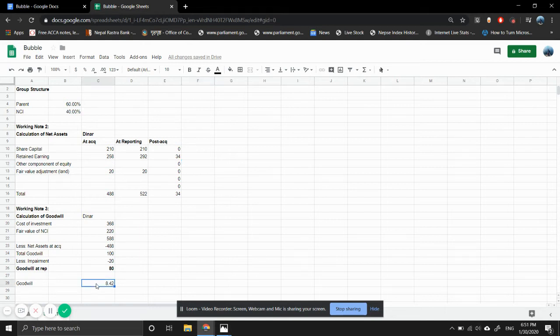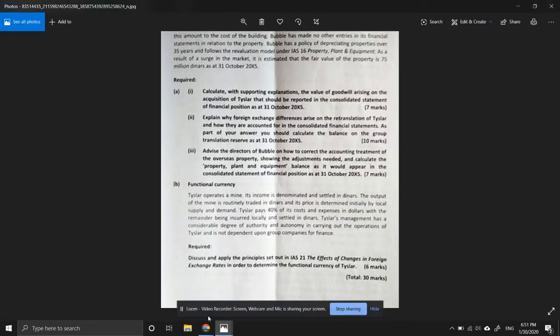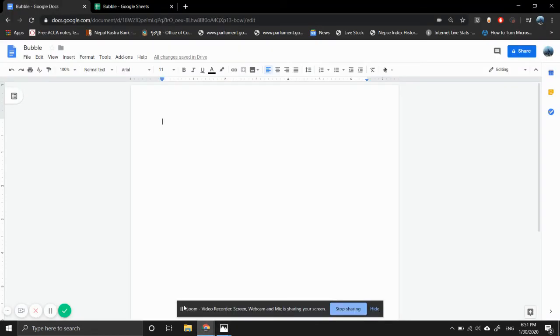So goodwill is, this is in dollars, okay? So let's explain this thing in our answer. So we need to explain it as well. A1, right? So A, and then after that goodwill.